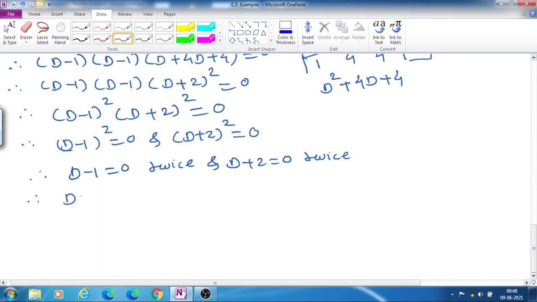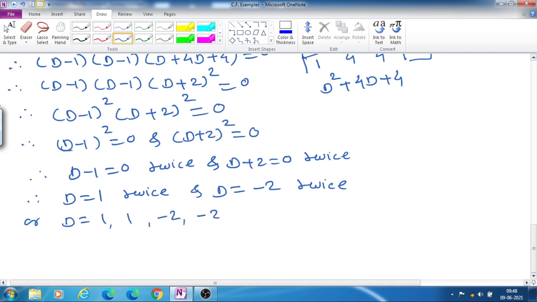Therefore D is equal to 1, repeated twice, and D is equal to −2, twice: D = 1, 1, −2, −2.